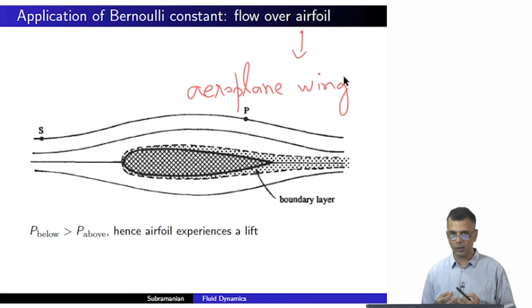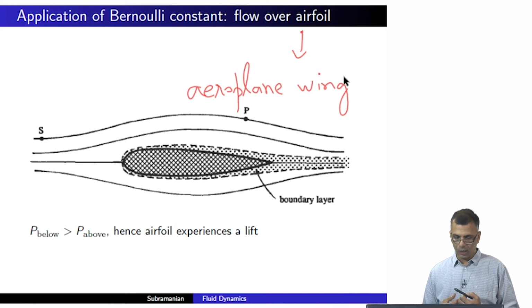If you really want to explain it properly, you have to resort to what's called the Kutta-Joukowski theorem, but we won't bother about those details at the minute. And it turns out that we can invoke the Bernoulli constant to show this.